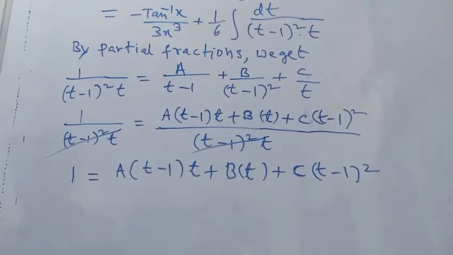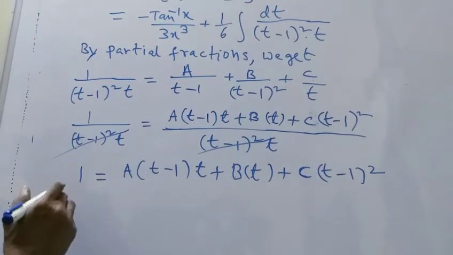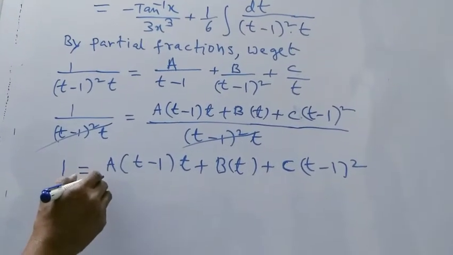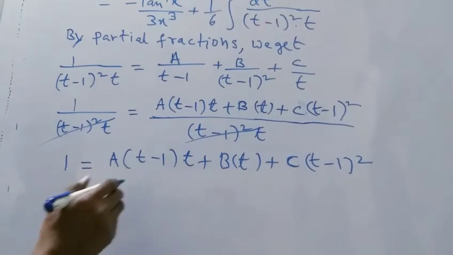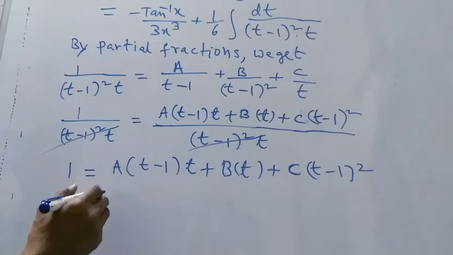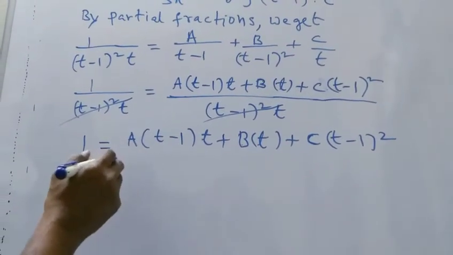Now on comparing both sides we will get the a value, b value and c value. Coefficient of t square and constant term in this.